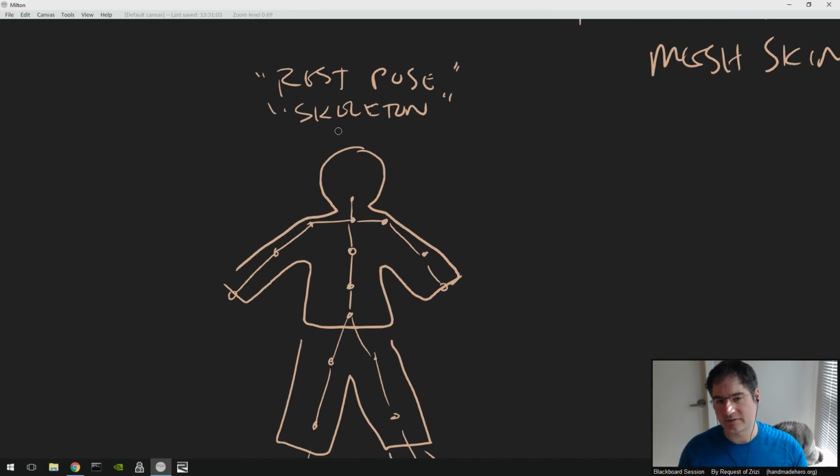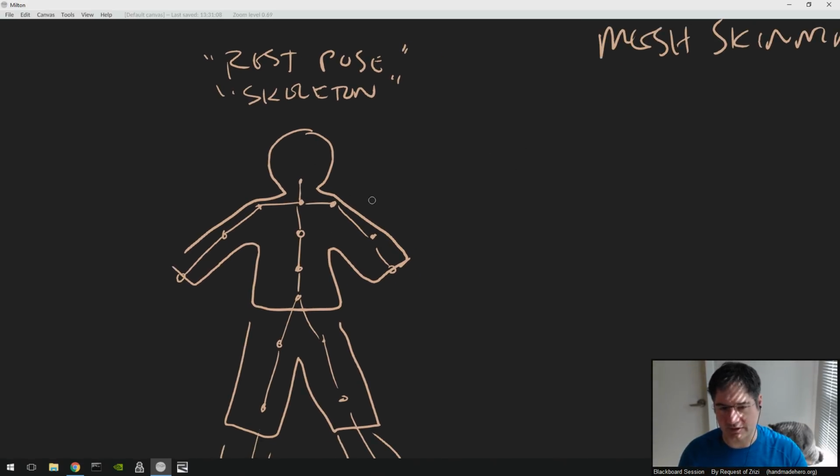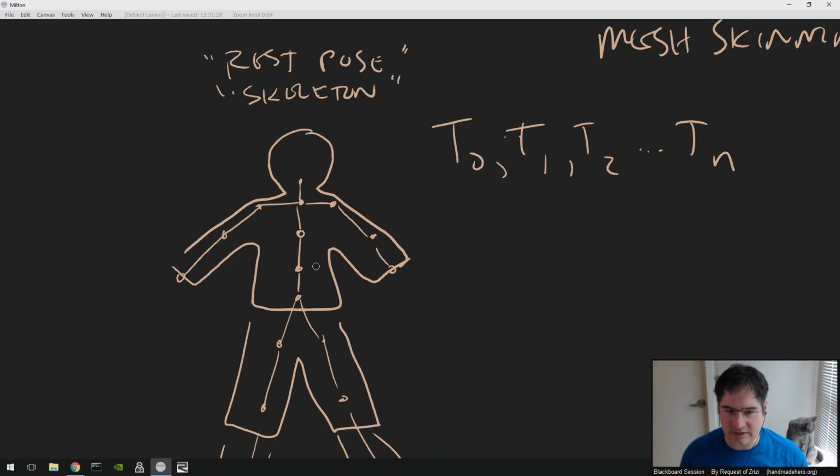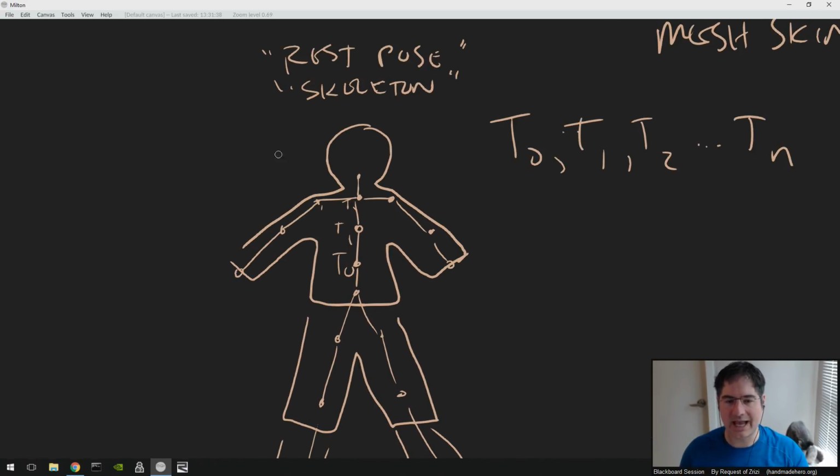The skeleton is a set of transforms. Each one of these is a transform. And we compute what those transforms are the way we would compute any other transforms in 3D graphics. They have nothing to do with mesh skinning. So they are just a series of T0, T1, T2, ... Tn. We have a skeleton, which is a series of transforms, and then we have a mesh.